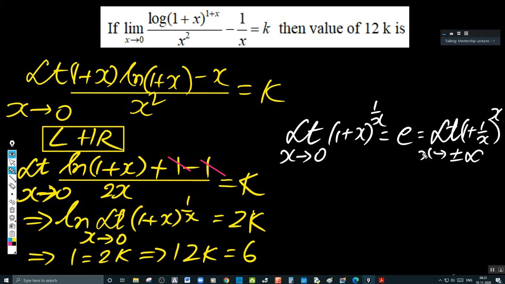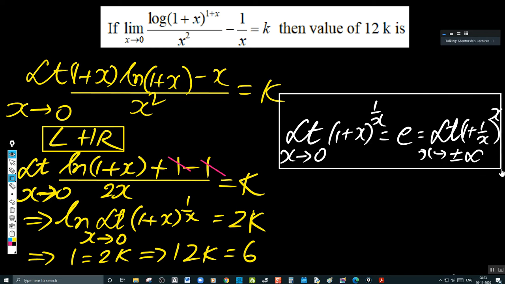Remember this? It is in the form of 1 power infinity. This is the standard result. I must say, standard limit. Just remember this. Okay?